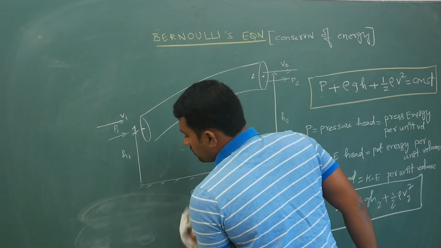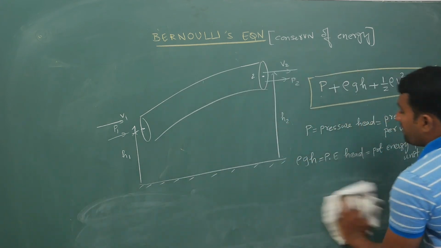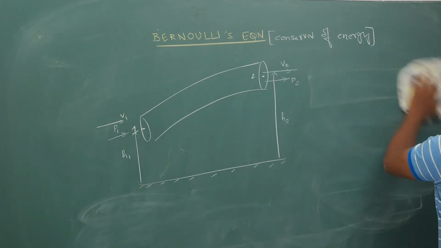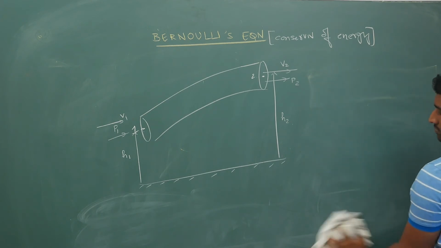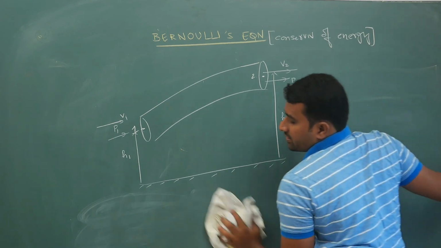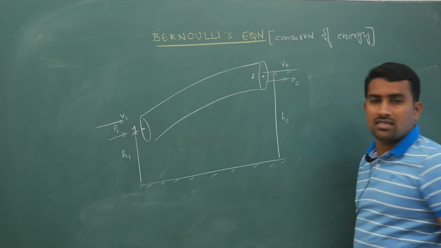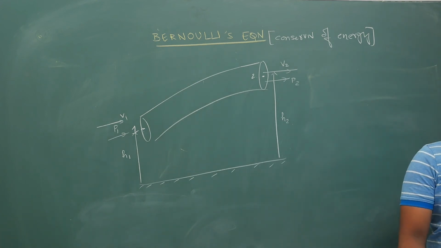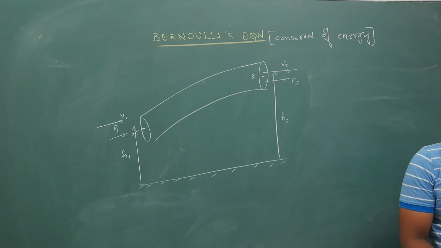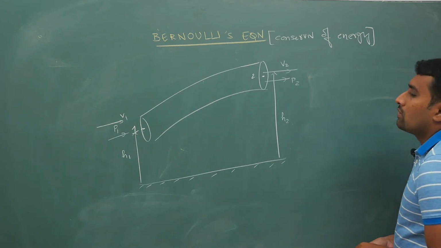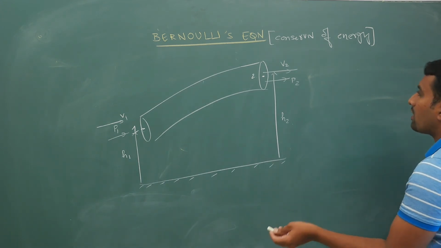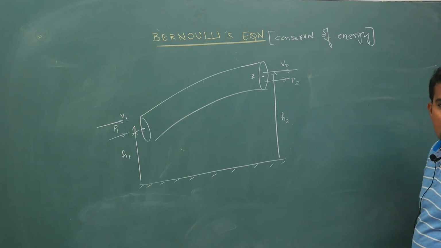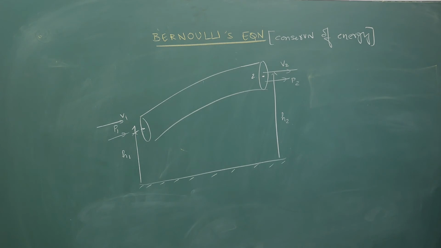So now, if you are looking for the proof, I will apply the energy conservation theorem here. If you consider a liquid flowing, some liquid is entering into the pipe.